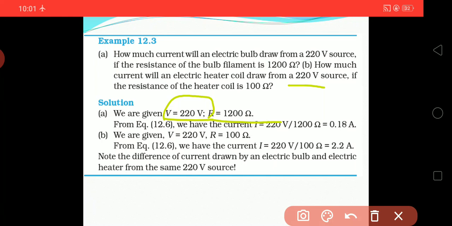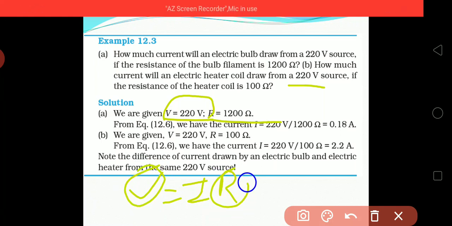So for that we have an equation: V is equal to I R. In V is equal to I R we have the value of V as well as the value of R. Making I the subject of the equation, we get I is equal to V upon R. Here V is 220, so 220 upon 1200.